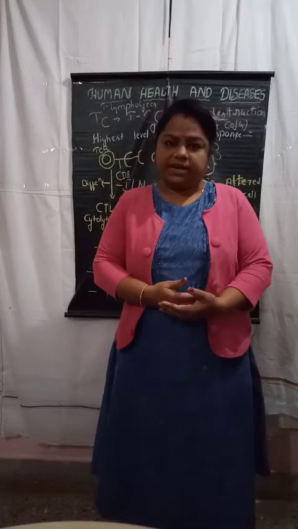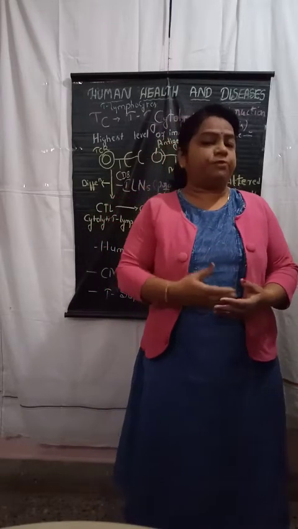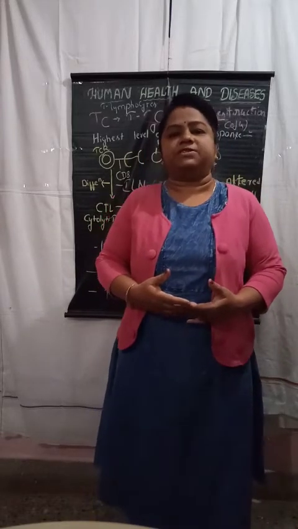In the last video, we have discussed already the humoral immunity and cell-mediated immunity. In that cell-mediated immunity, it is offered by which type of lymphocytes? That is the T lymphocytes. Okay.